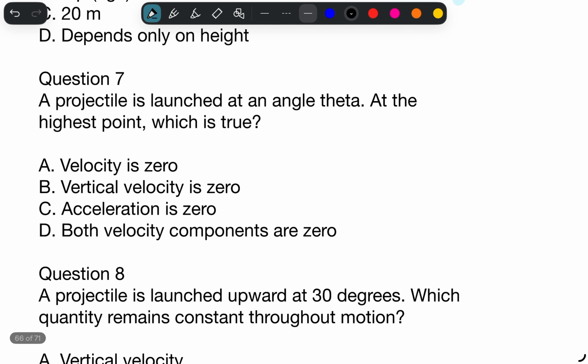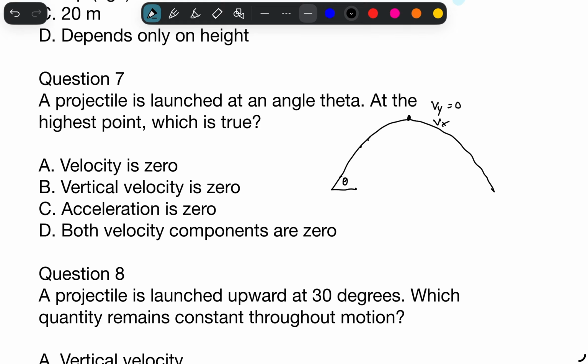A projectile is launched at an angle theta. At the highest point, what is going to be true? So this is going to be at theta. Now, what do we know is true? Well, when you're at the very top, your Vy is equal to 0.